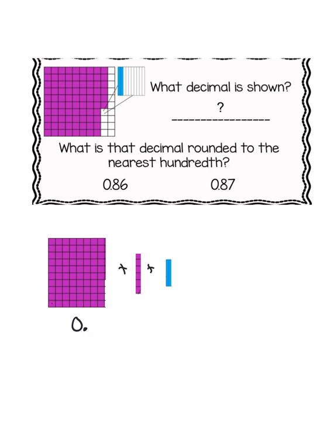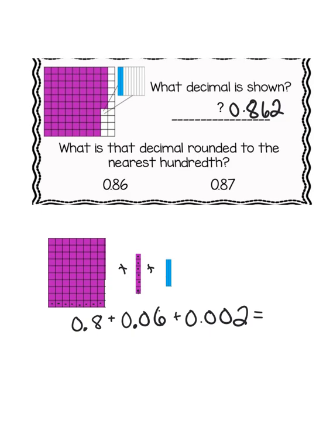So we have 8 tenths plus 6 hundredths plus 2 thousandths for a total of 862 thousandths. And we're going to round that either up or down to the nearest hundredth.